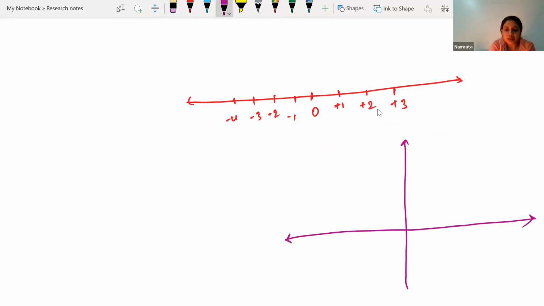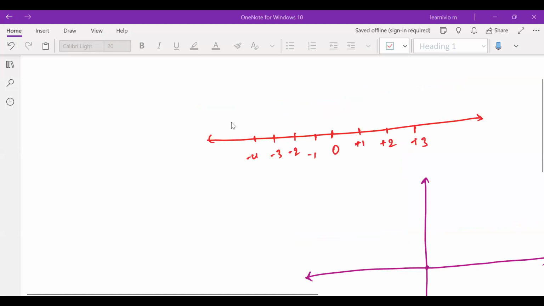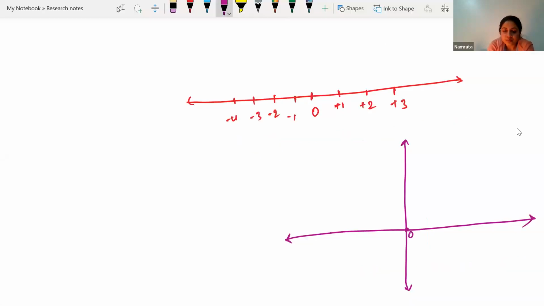And here we will be having 0, positive numbers +1, +2, +3, +4, +5, just like that, -1, -2, -3, -4, -5.